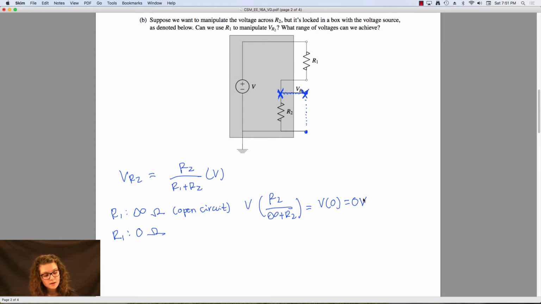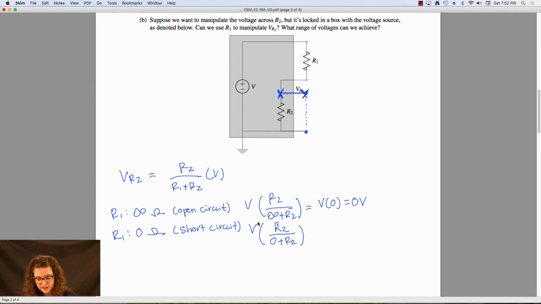So the other case, when R1 is at 0 ohms, is the equivalent of a short circuit. Likewise, we recopy the equation and replace R1 with 0. V times R2 over 0 plus R2.